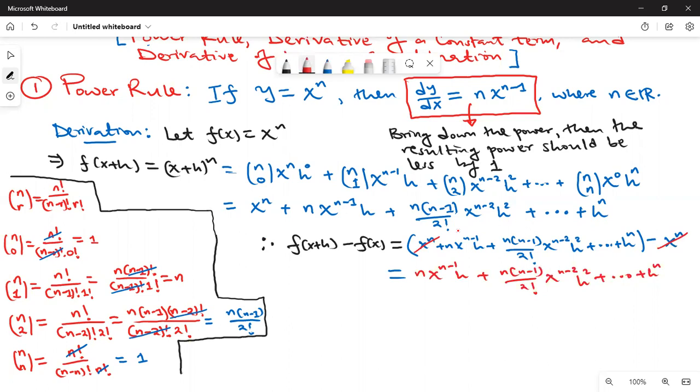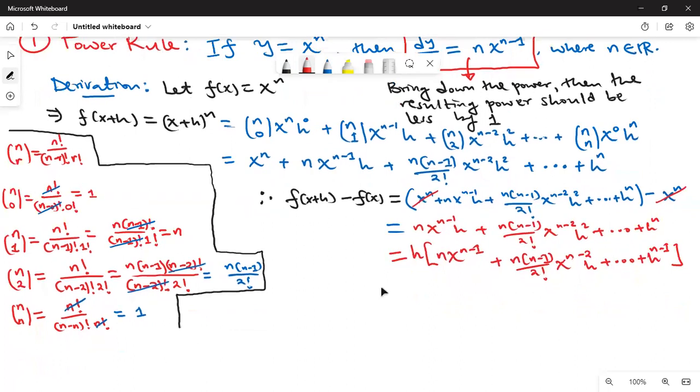So h can be factored out, so that what we have is h times n x raised to n minus 1 plus n minus 1 over 2 factorial x raised to n minus 2 times h, plus so many other terms, plus the last one h raised to n minus 1. I have factored out h.